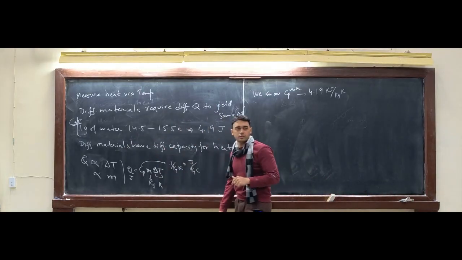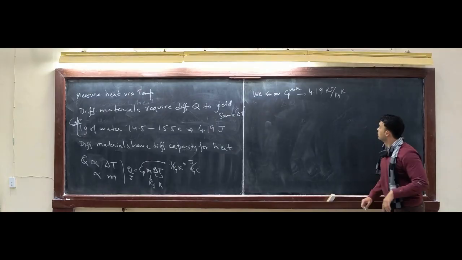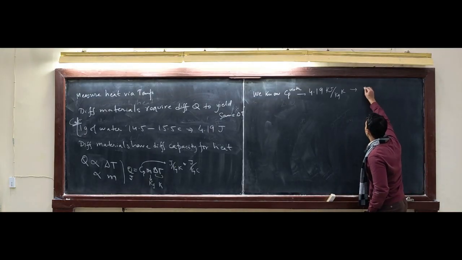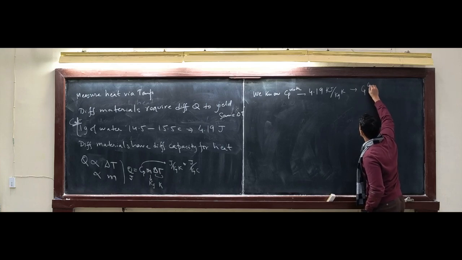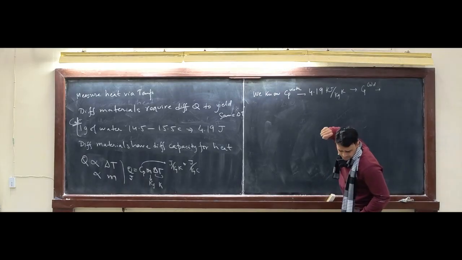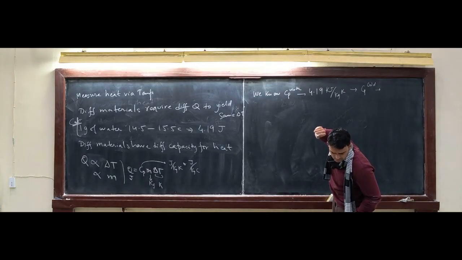I have to convert to SI units of kilos. So now if we use this to measure the specific heat of a gold item that I have, it is of how much grams? 100 grams.